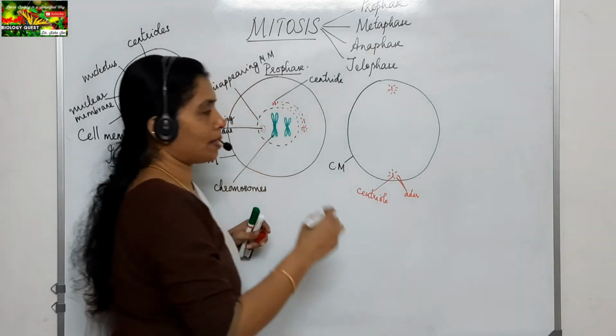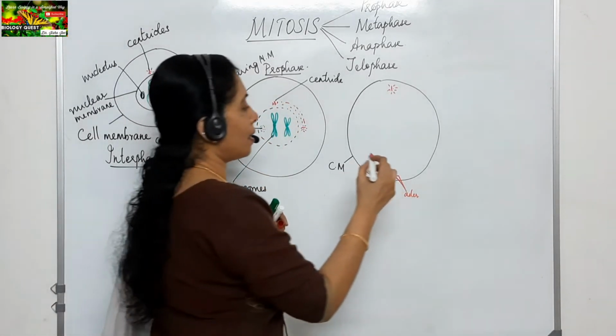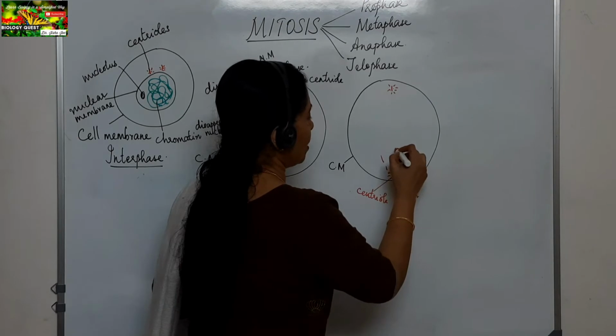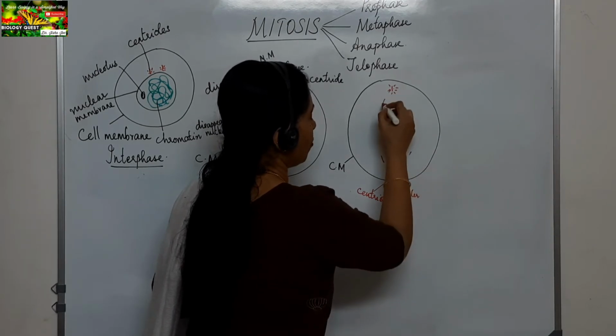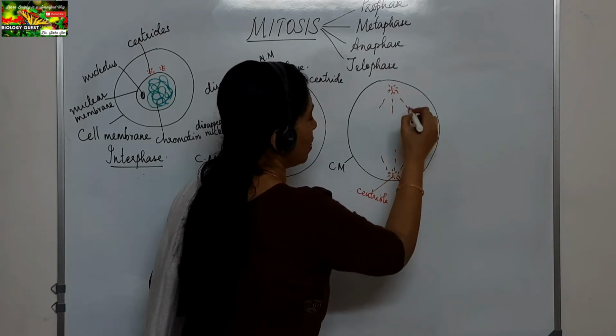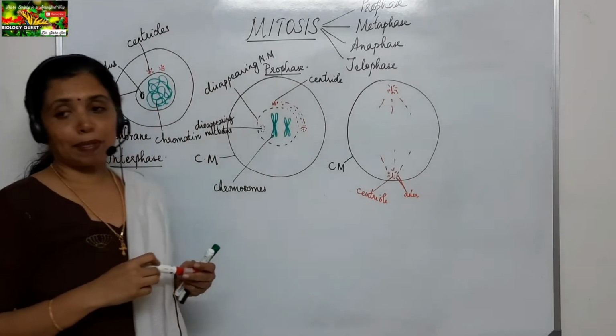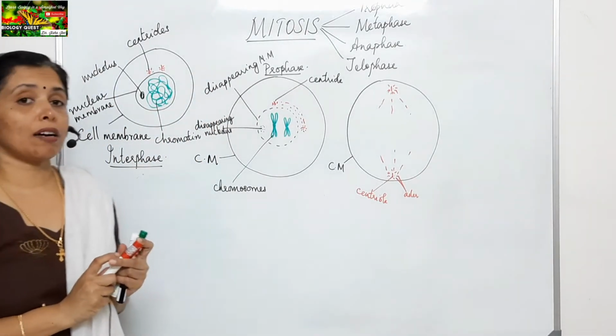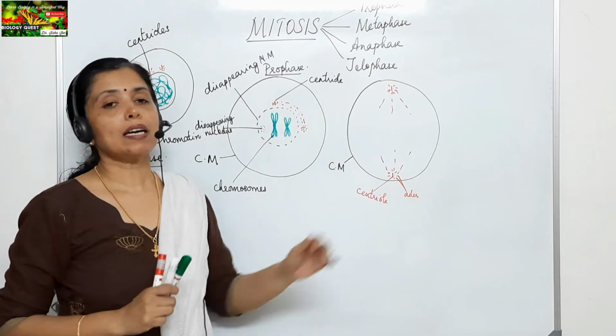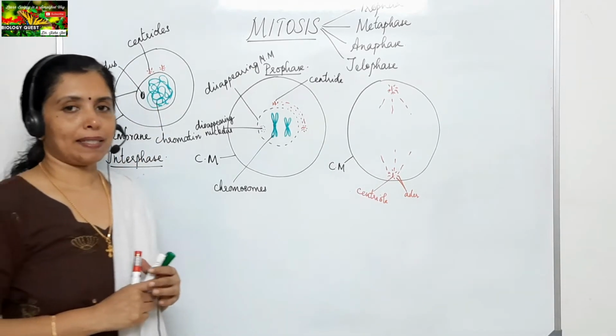The centrioles have reached the opposite poles. They have started to produce the spindle fibers. Spindle fibers begin to form from the centrioles. Spindle fibers are microtubular fibers arising from the centrioles in animal cell.